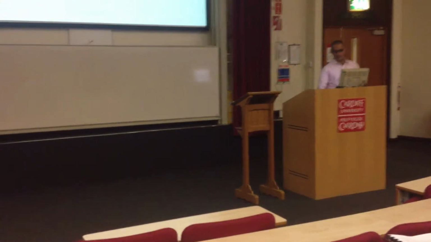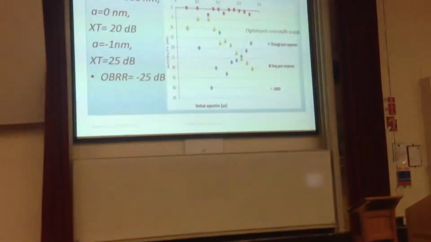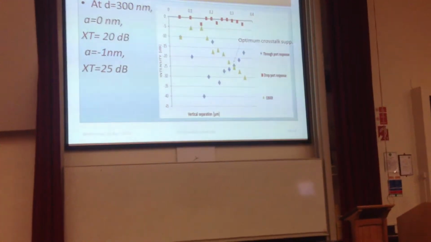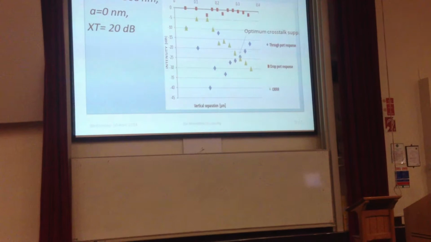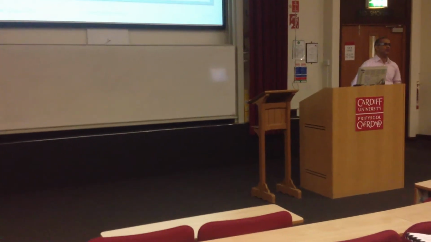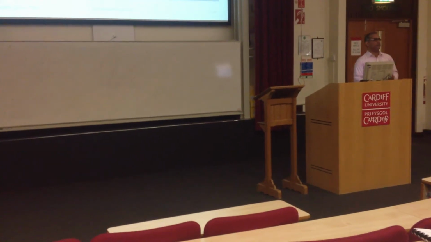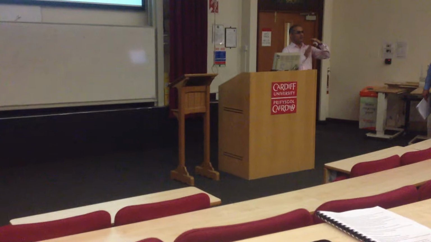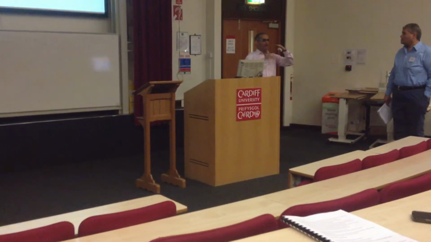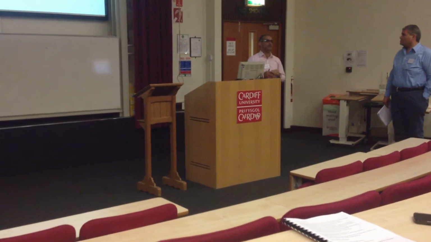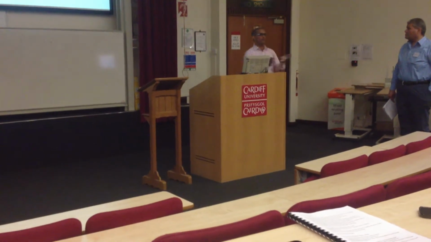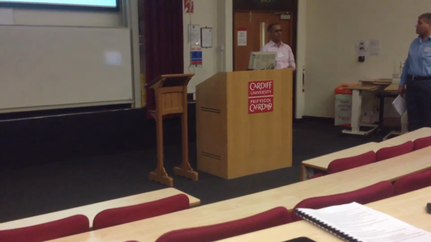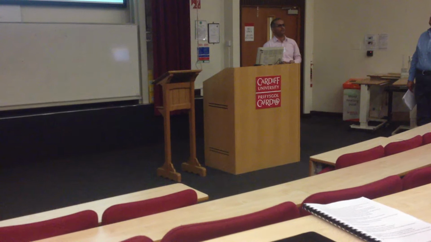We are working now, most of our work, on the optimization, so going to the next step would be working on the fabrication. But usually, because of the vertical coupling, we depend on TM mode in the vertical plane. That's why we depend more on TM rather than TE, which is in the lateral plane.